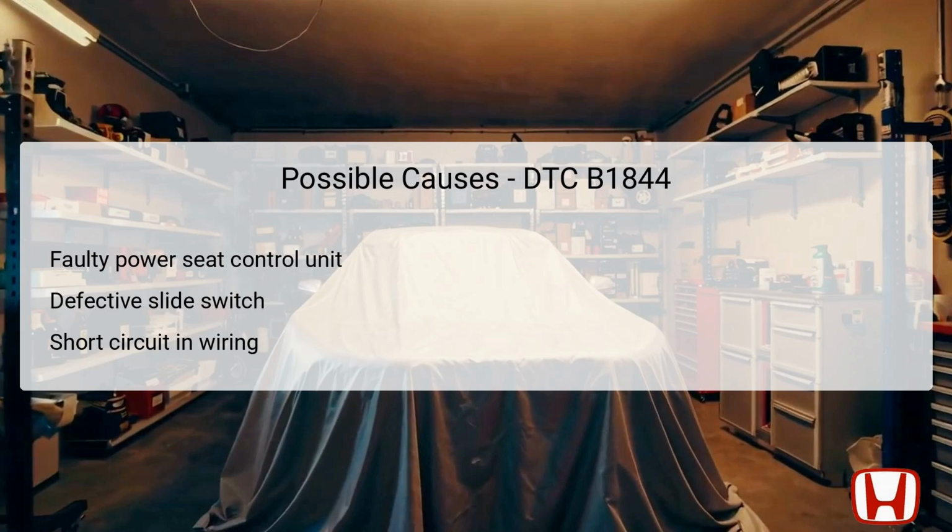When the slide switch is broken or jammed, it cannot send the appropriate signals for adjusting the seat. Lastly, a short circuit in the wiring of the power seat circuit can cause unintended connections, leading to inconsistent signals and ultimately triggering the error code. Each of these potential causes must be examined systematically to pinpoint the issue quickly.